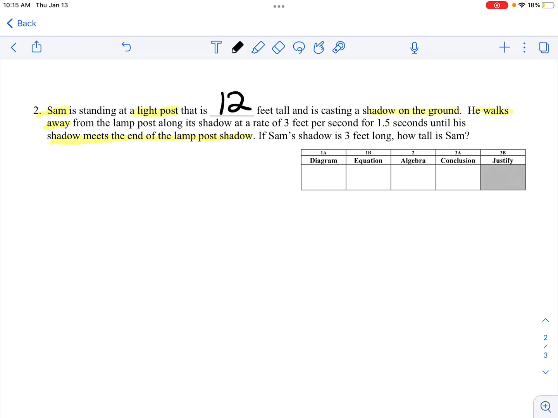Here is my lamppost. And here is Sam right now. Sam is standing at the lamppost. He walks away from the lamppost. And then now he's here, right? Here's my Sam. He walks till the shadow of the lamppost meets his shadow.